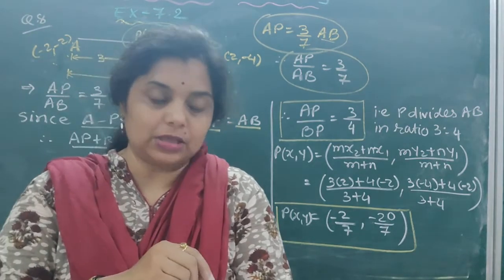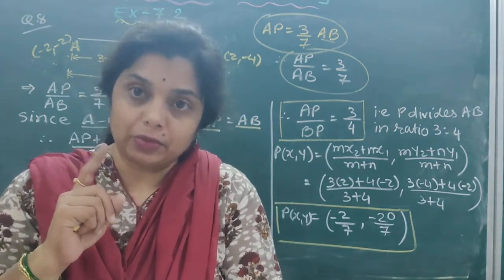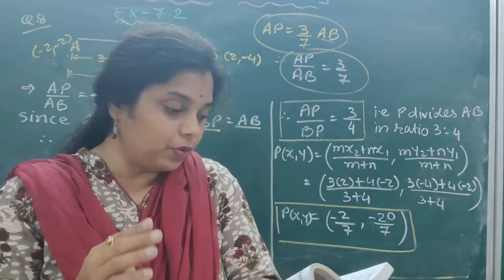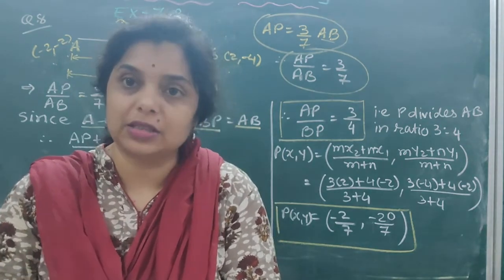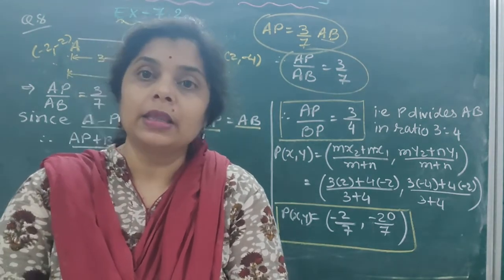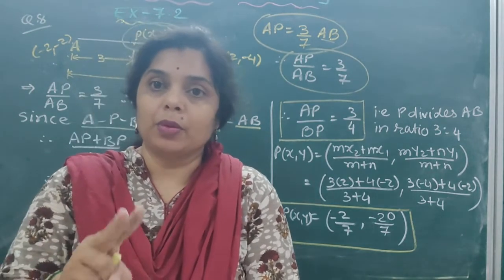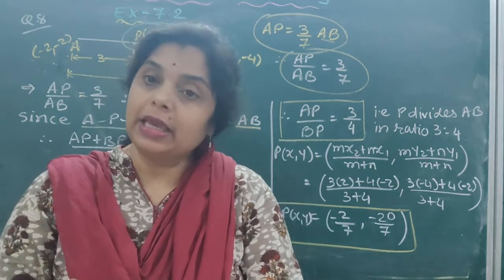So in this case, what do you have to do first? You have to find the distances of the diagonals AC and BD by using the distance formula, and then you have to multiply both diagonals and divide by 2, so you will get the area.